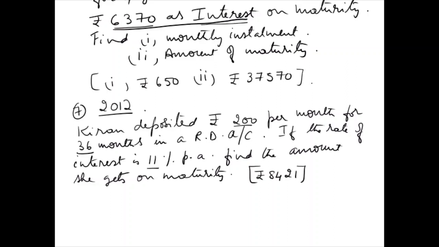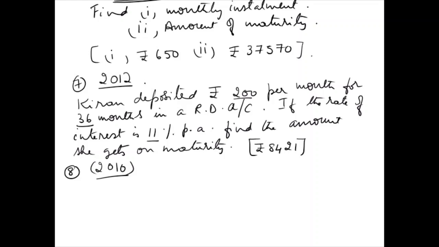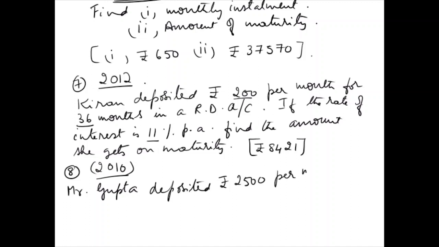Now try this question. This is also a board question. Mr. Gupta deposited rupees 2,500 per month for 2 years.